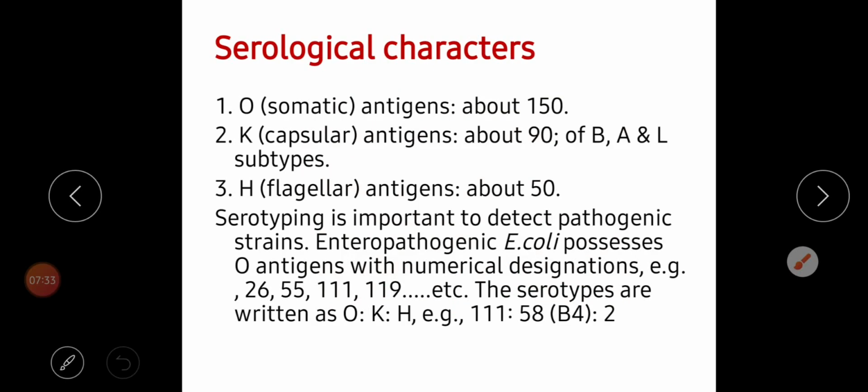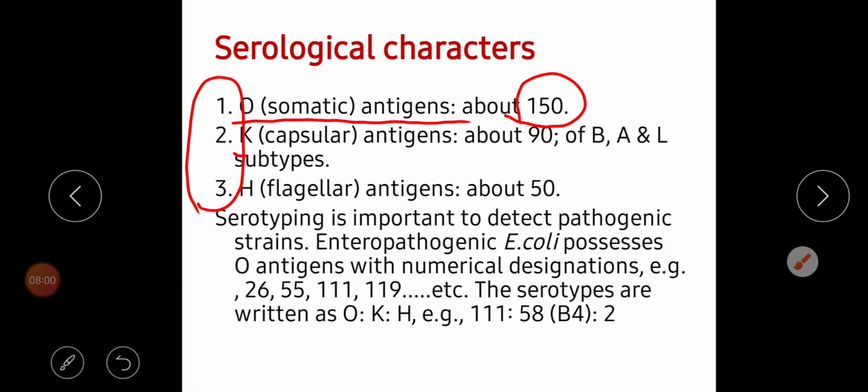Now, serological characters. As we said, the serological characters are important for determination of pathogenic species and for classification and epidemiological studies. We have three types of serological characters. O, somatic antigen, about 150.